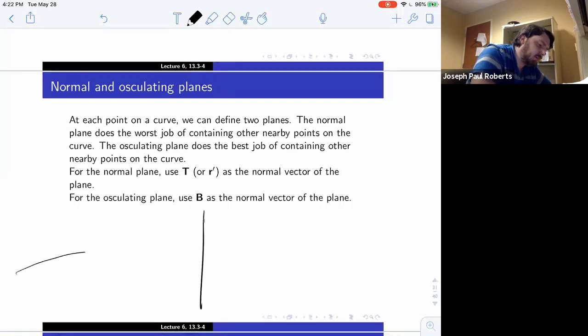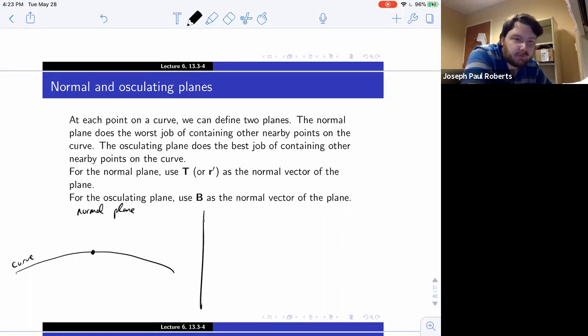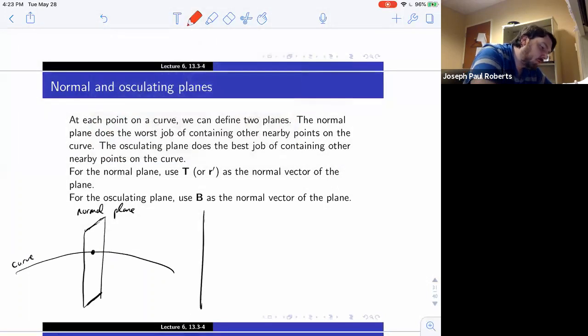So let's say I have this curve, and I want the normal plane at that point. So essentially normal, as you've hopefully started to pick up on, one meaning of normal is perpendicular. So the normal plane is perpendicular to the curve at the point at which we draw it.